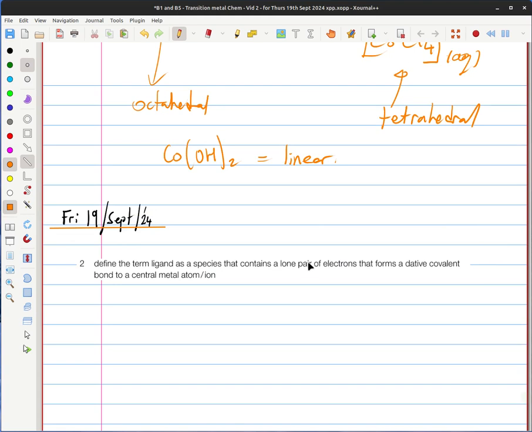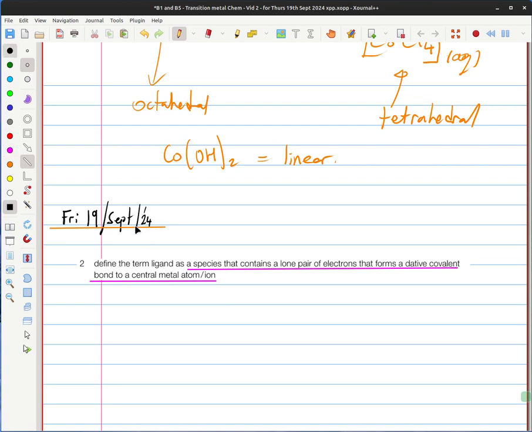Define the term ligand as a species. So it's telling you how to define it. Good. So this is just a memorization thing. A species which contains a lone pair of electrons which can form a dative covalent bond to a central metal atom or ion. I still don't like that word atom.